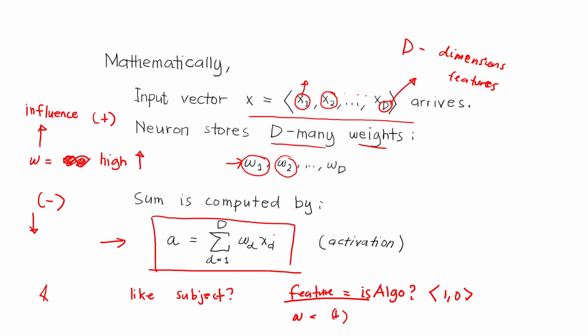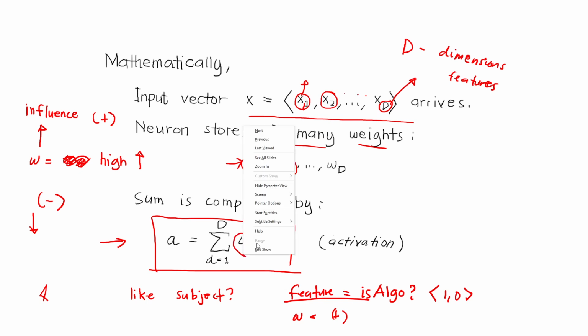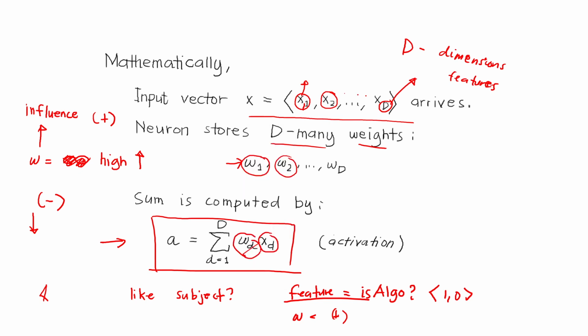Each feature value here is multiplied by its corresponding weight, and this is the weighted feature value, and then we add all of them up and we get the activation. So the activation is either positive or negative.